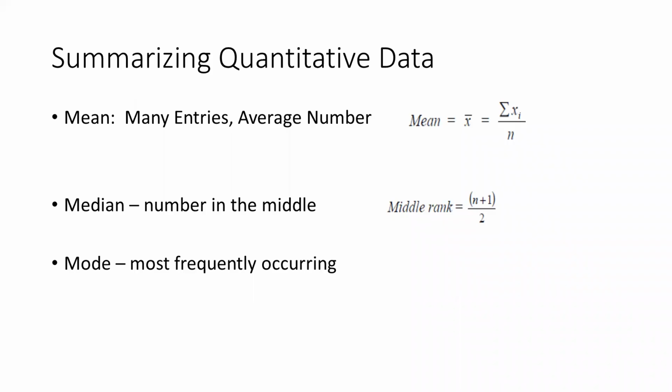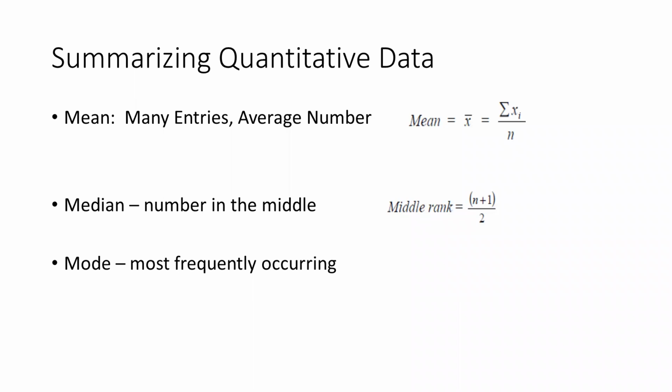Median is the number in the middle, the middle ranking number. All right, sorry about that. So the middle ranking number means that you have to rank. Ranking means you arrange the numbers from the smallest to the largest, or from the largest to the smallest.